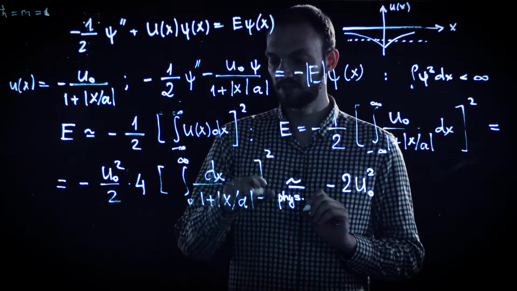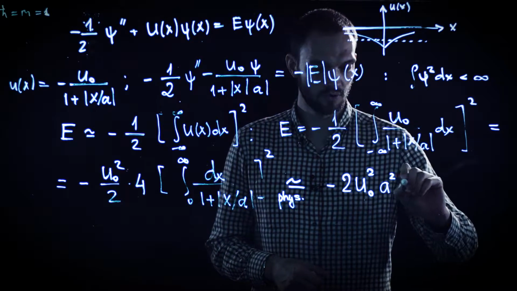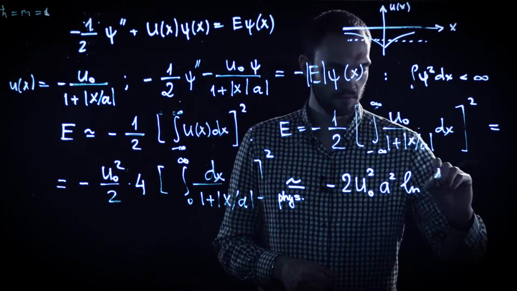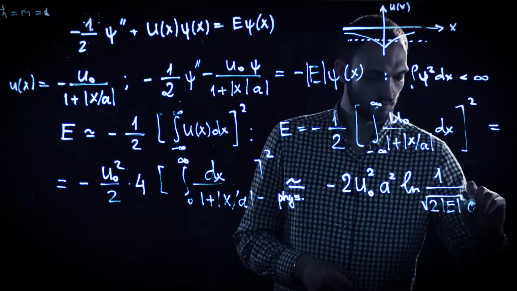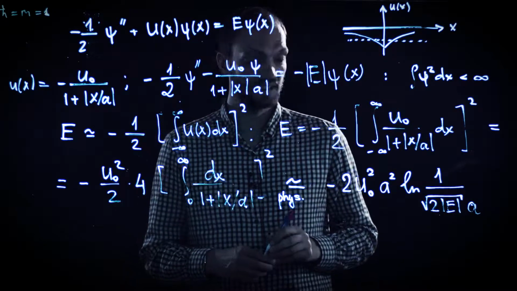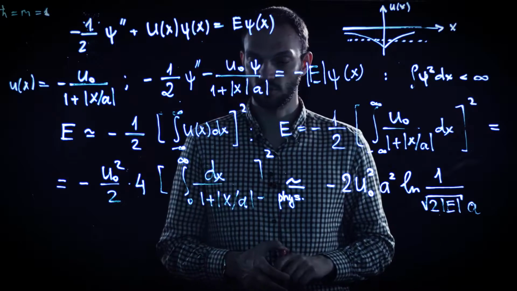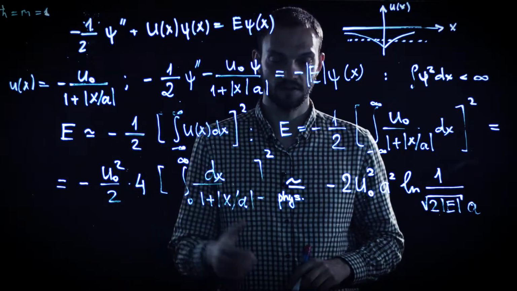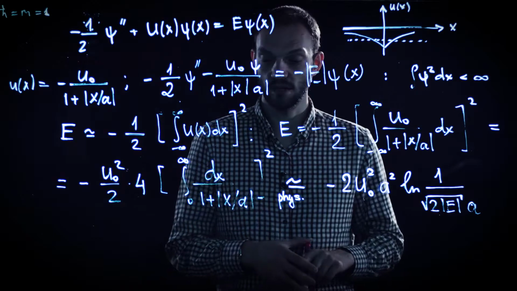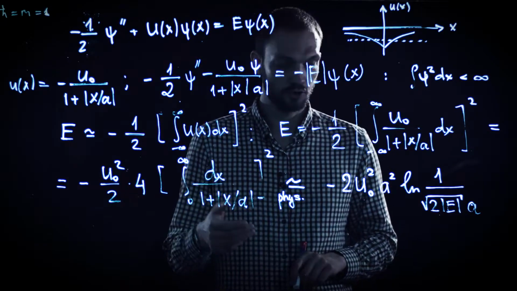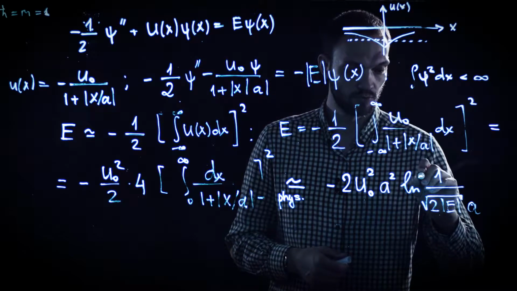We expect that this integral should be of the order of, we see that would this integral converge, then it would be proportional just to a, the characteristic scale of the potential. Since it diverges, in addition to a, it actually provides a certain logarithmic factor, which should be squared.